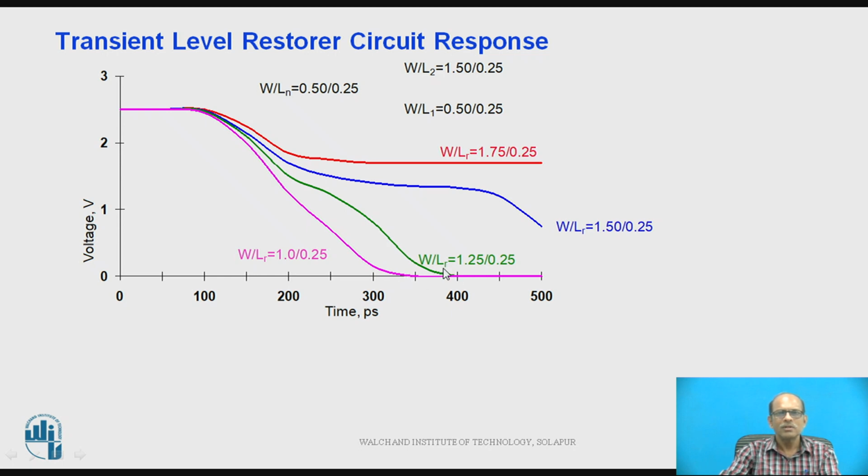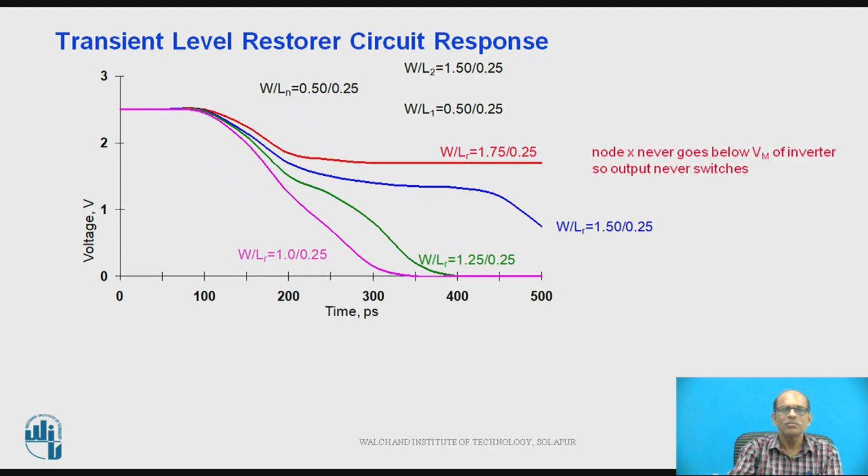Now if W by LR is increased, this is the response. If we increase it from 1.25 to 1.5, this is the response, which is somewhat better. And if you make W by LR 1.75 divided by 0.25 micron, you will get better performance, and the node X never goes below Vm.